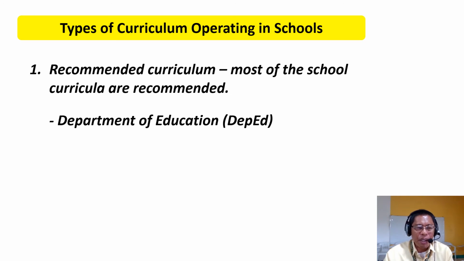Say, for example, in our basic education, the Department of Education is primarily responsible for the basic education in our country. So the curriculum comes from the Department of Education. It is the DepEd that recommends what is going to be taught, what is going to be covered in every quarter, things like those.